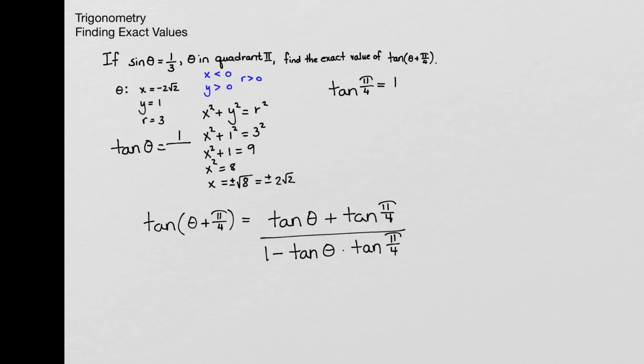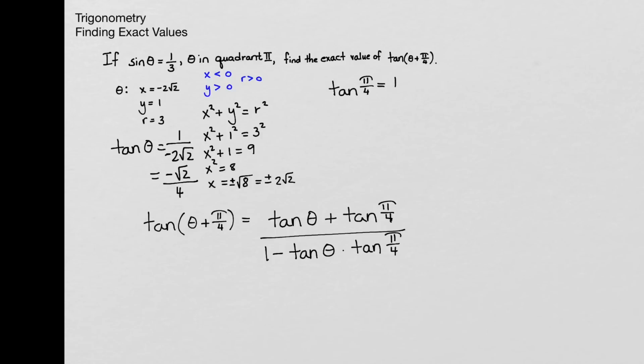So I'm going to put 1 over minus 2 square roots of 2. And I can rationalize this, multiply the top and bottom by the square root of 2. And I'll bring the negative up to the top as well. So that gives me negative square root of 2 over 4.